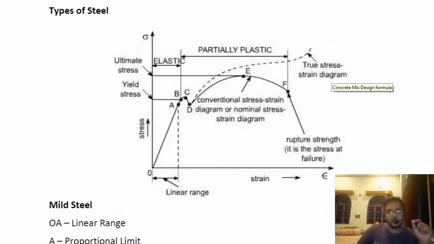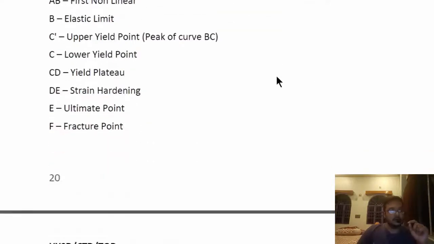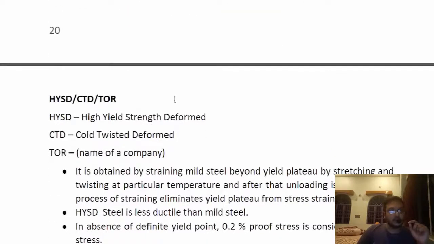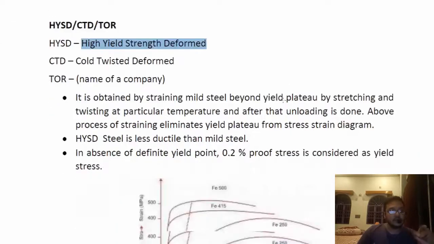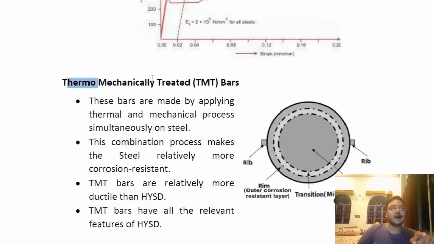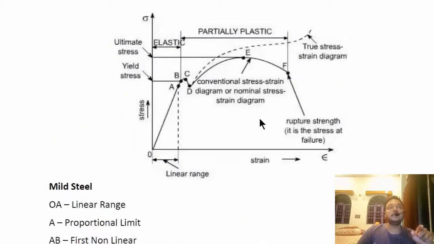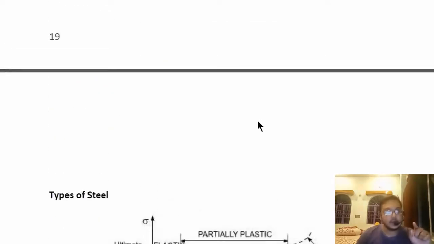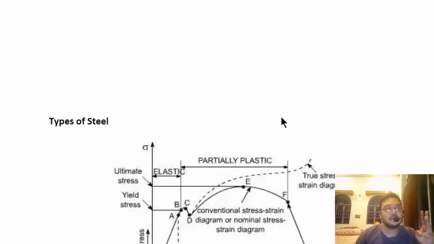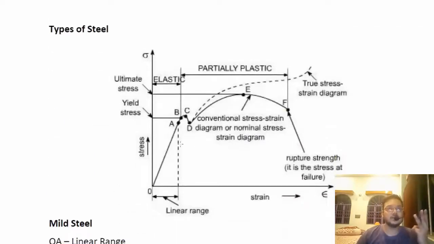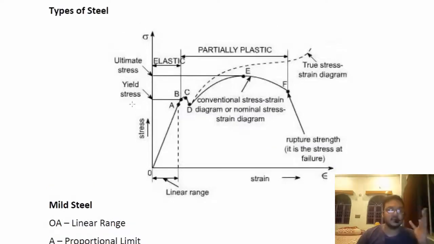Next is the type of steel. The types of steel are mild steel, HYSD, that is high yield strength deformed, and finally the thermomechanically treated bars, that is TMT bars. So these are the 3 types of steel that are used commercially in various projects on various sites.